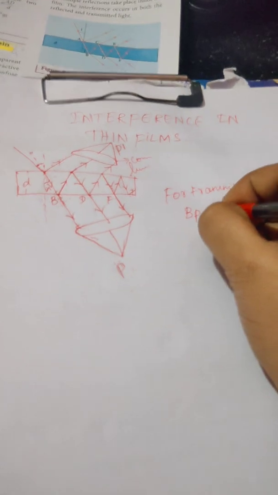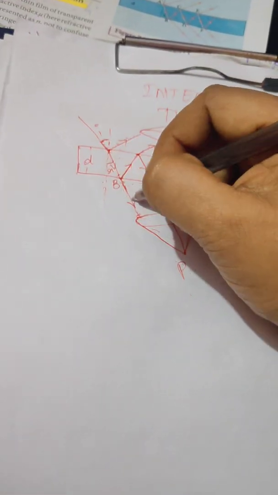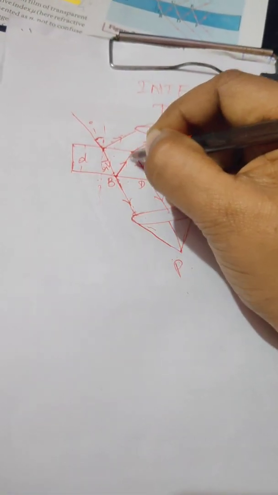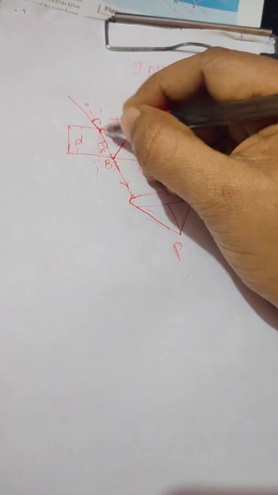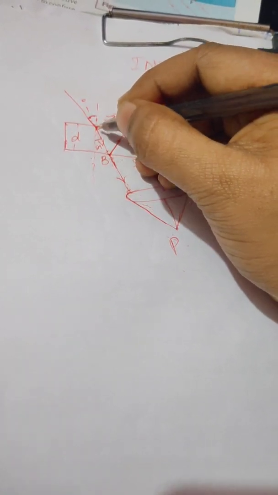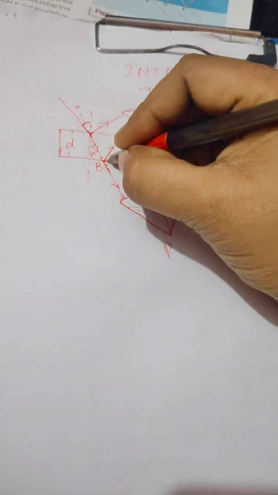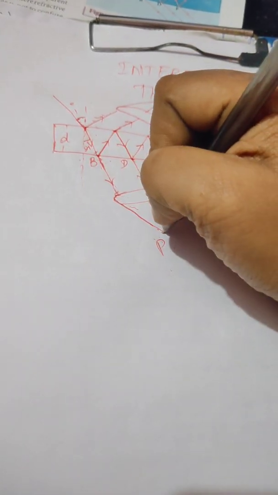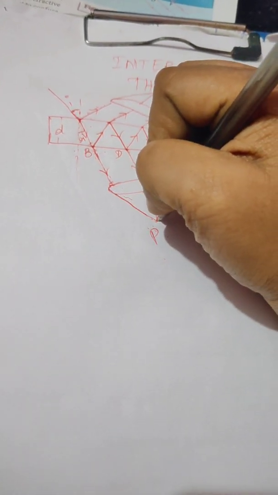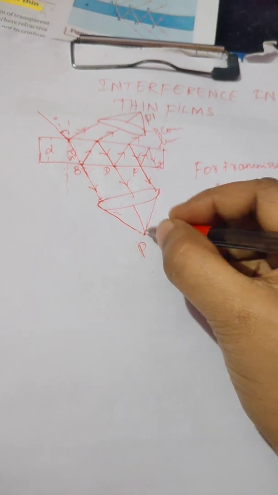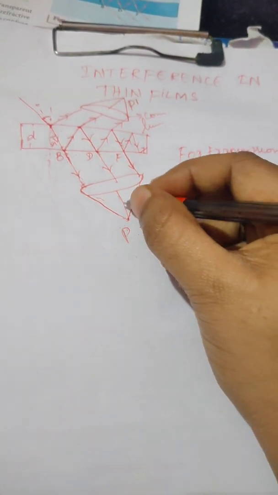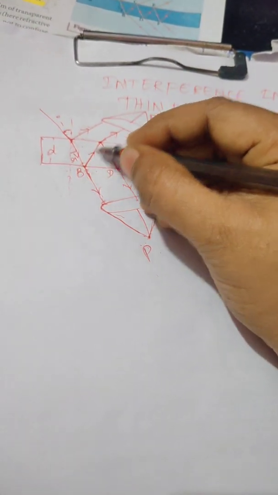Here the ray is refracted and the ray is reflected. The incident ray is refracted from B to P. Again, this ray is not coming to this second point. In the converging lens I have the second line, where the ray is reflected.